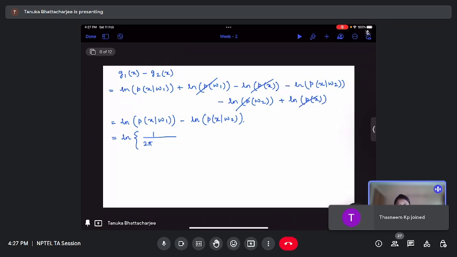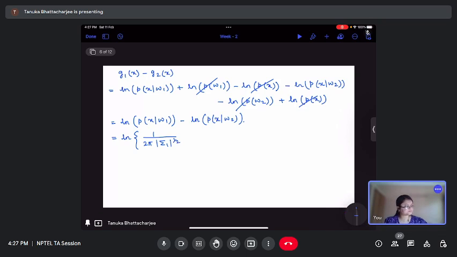Here d is equal to 2, since it is 2D feature vectors, so it will be only 2 pi, determinant of sigma 1 to the power half, times exponential of minus half (x minus mu 1) transpose sigma 1 inverse (x minus mu 1).